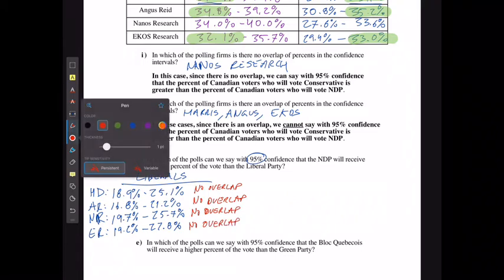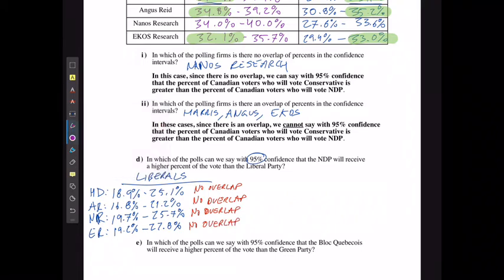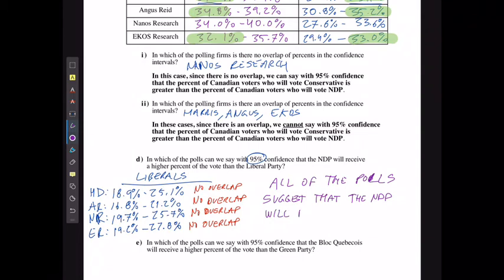Which means from all the data that I currently have, all of the polls suggest that the NDP will receive more votes.